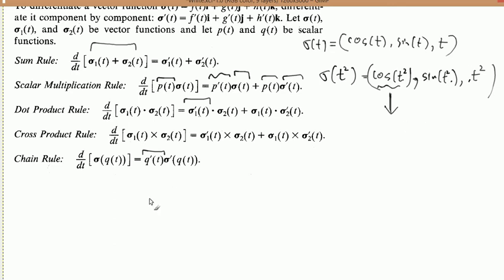So it looks a lot like the chain rule, as we know, but we don't write q prime of t as a second factor. It's a scalar factor, so we usually write it in front. So these rules are not hard to understand. They make sense, right? Just always pay attention to whether this is a scalar or a vector. Is this whole thing a scalar, or is this a vector? Then you don't usually end up abusing notation.